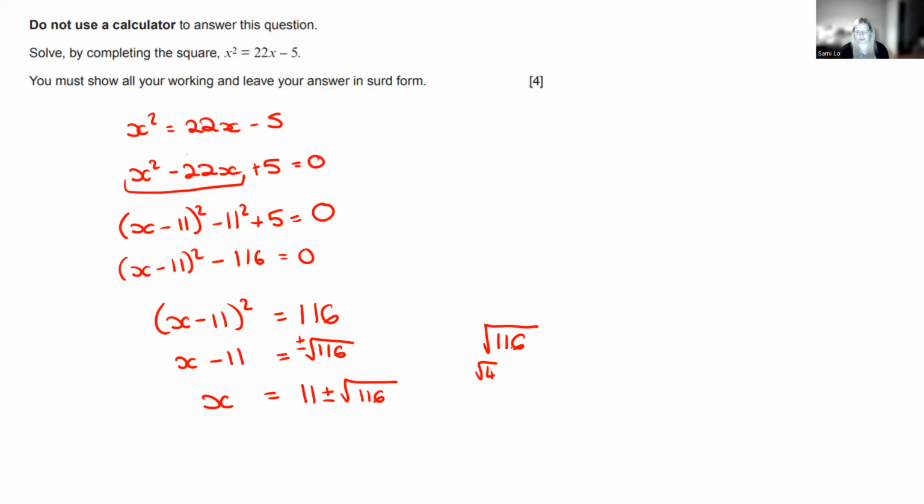So if we think 116 divided by 4, we've got 25 plus 4 there, so that's 29. That gives us 2 root 29. Now, it doesn't always double check, but because it said surd form, I feel like you need to simplify it into a smaller surd. So just look out for those words.